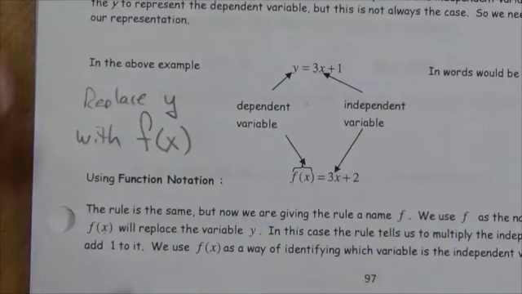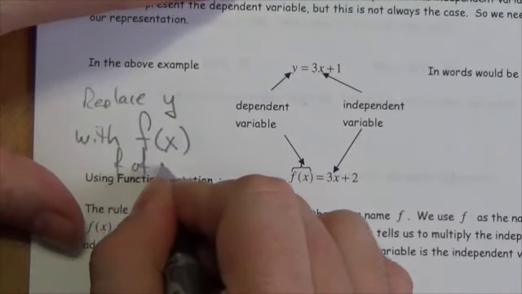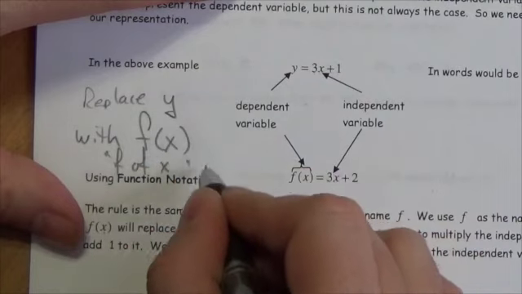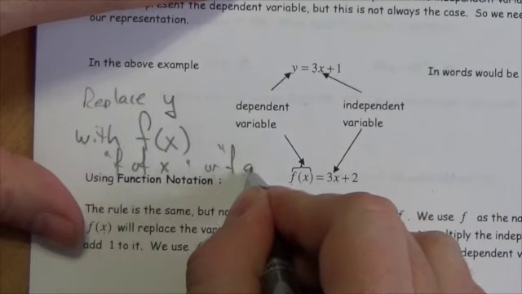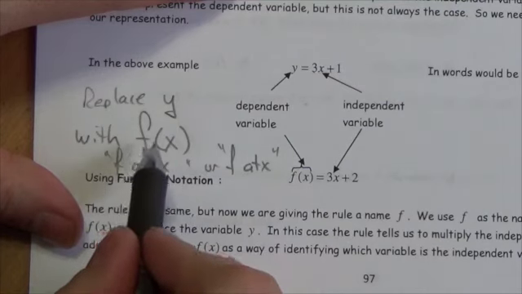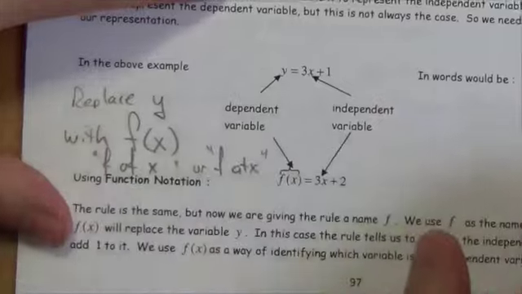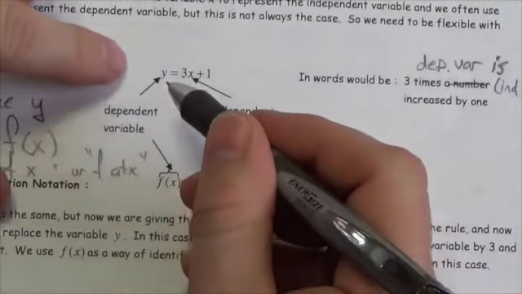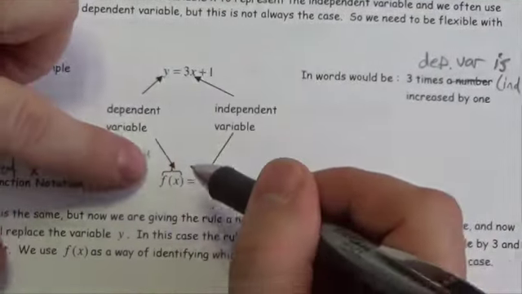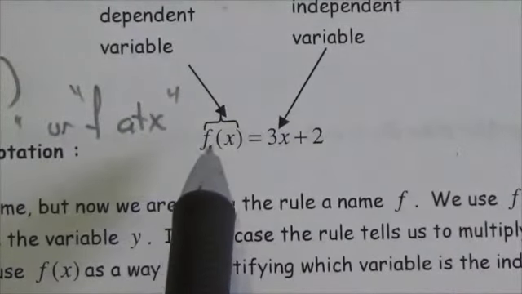Okay, this is read f of x, or f at x. Okay, this little f of x, f at x here. And this is going to replace y. So instead of our dependent variable being y, our dependent variable is now going to be this f of x.